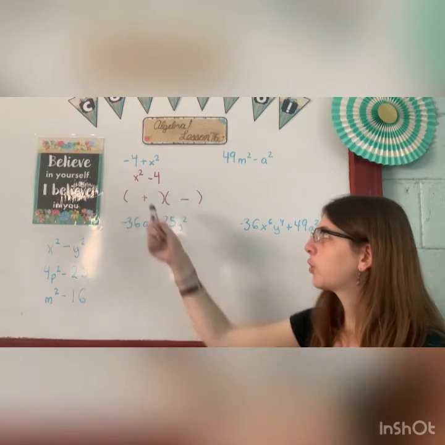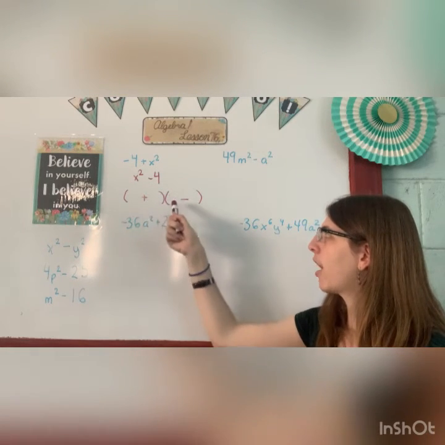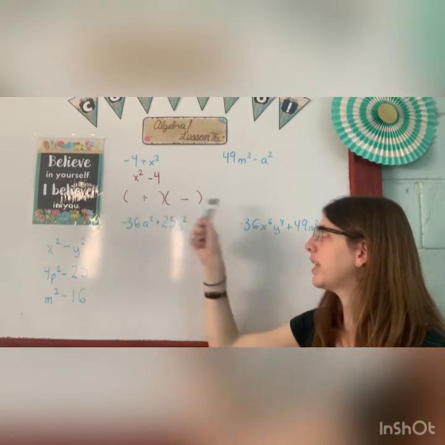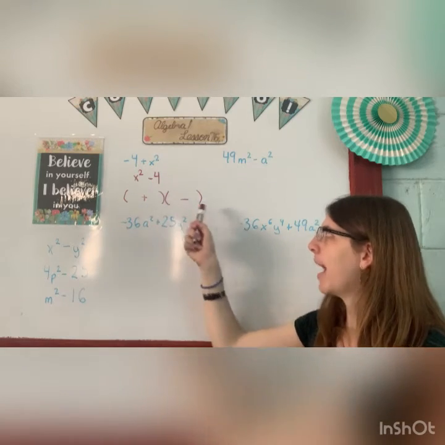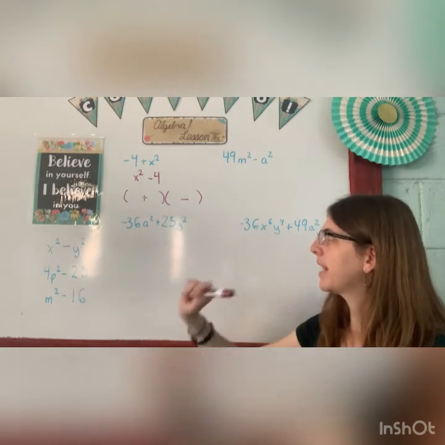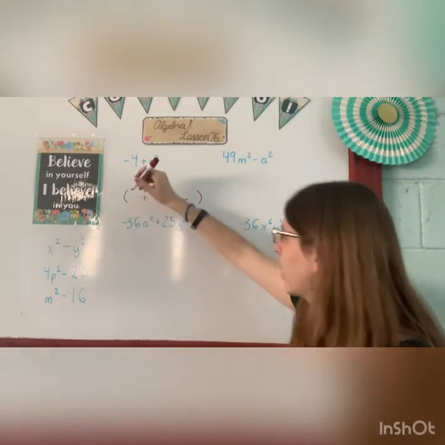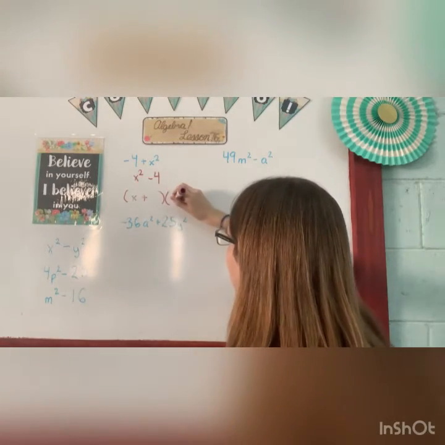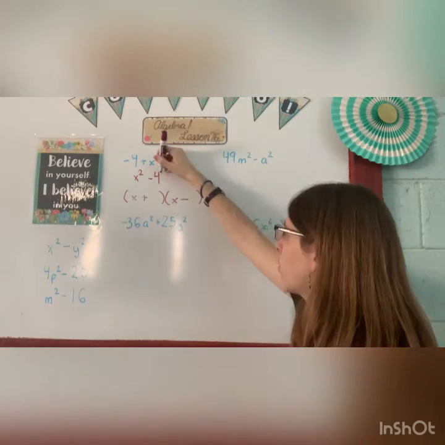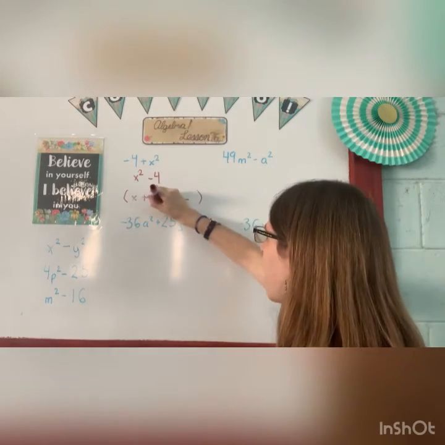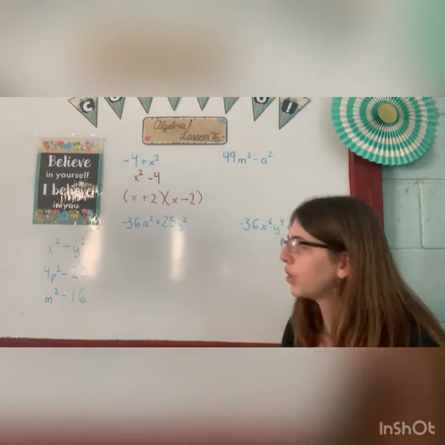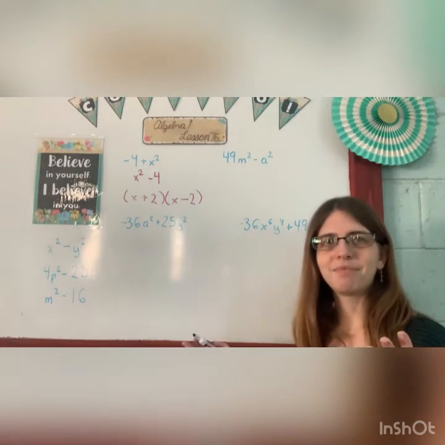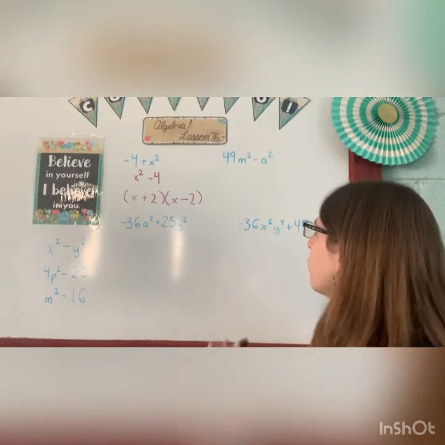Then you just write the square root of the first term in the front of each, and the back term in the back of each. One being positive, one being negative. So the square root of x squared is x. So we have an x here and an x here. The square root of 4 is 2, so we have a positive 2, and we have a negative 2. That's it.